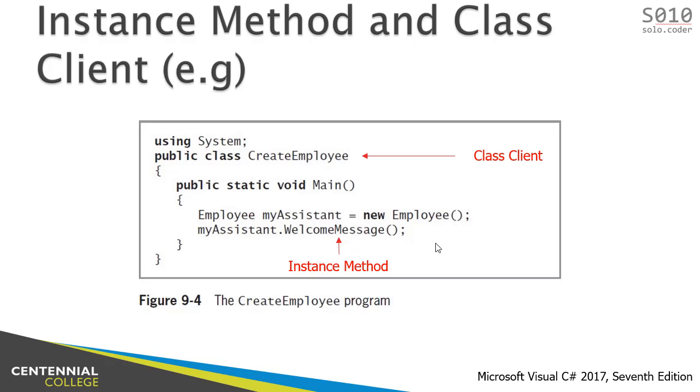It's a sample, a copy. So we have a class and when we instantiate, what is this? My assistant. It's a variable, but in the case of an object, it's an object, okay? So an instance is an object. So when we say instance method, it's a method that can only be called from the object. It cannot be called from the class. Yes?